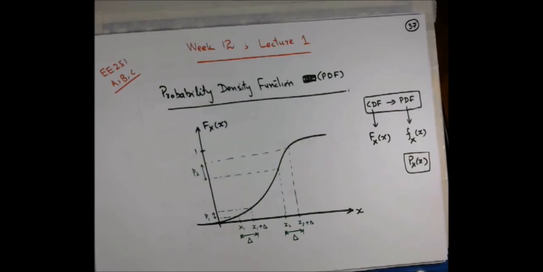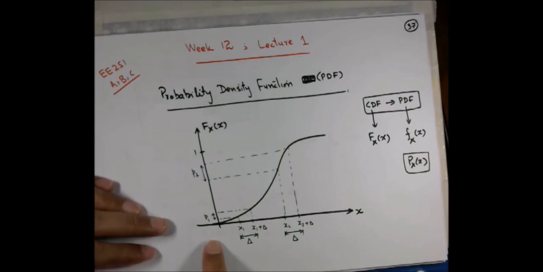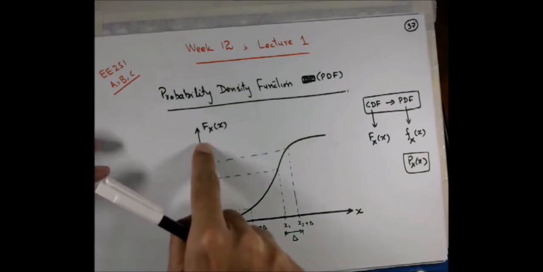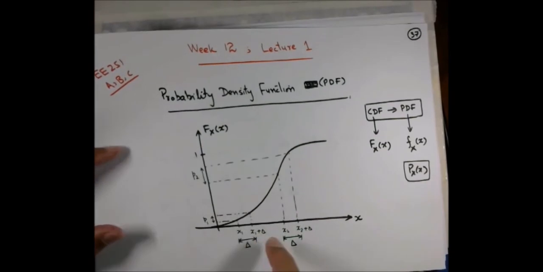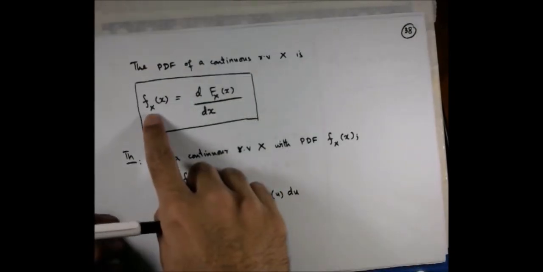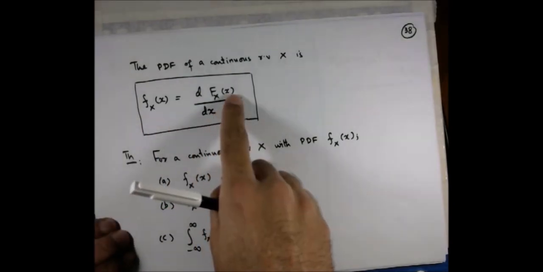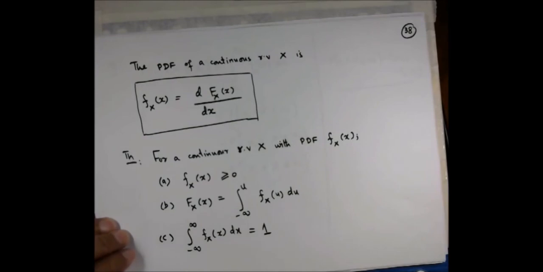So now I'll quickly review the lecture. This is lecture number 1 of week 12. We have discussed the concept of probability density function, and we have related it to the concept of cumulative distribution function. So we have seen that the PDF of a continuous random variable is simply obtained by differentiating the expression of CDF.